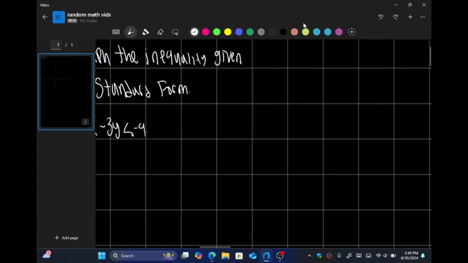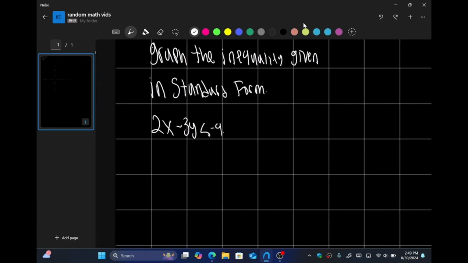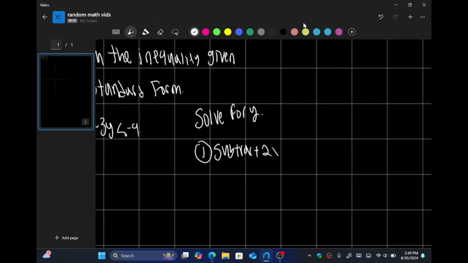So here what we want to do is solve for y. Okay, so how do we do that? Number one, we're going to subtract 2x on both sides.